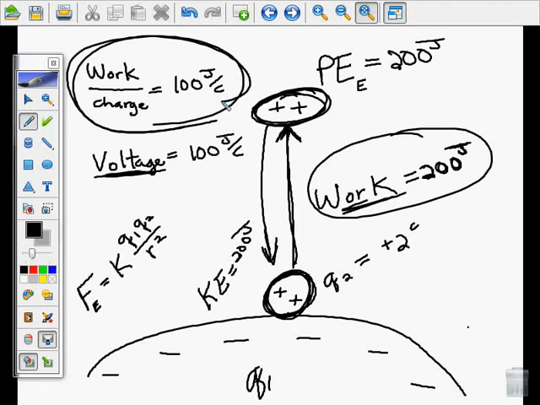And then to honor Alessandro Volta, Italian physicist, guess what a joule per coulomb is also called? A volt. So we could say that the voltage is 100 volts. This is the first time the symbol used in the formula, capital V, is the same as the symbol used for the unit.